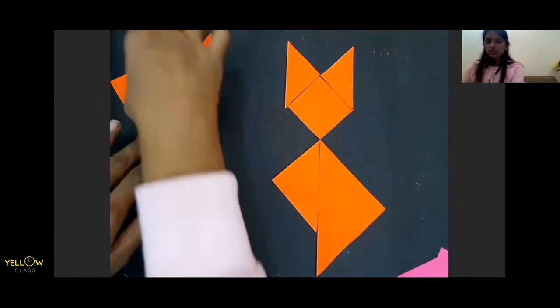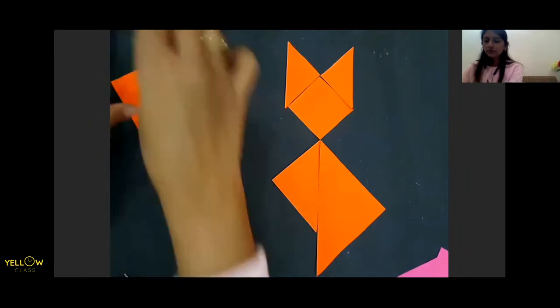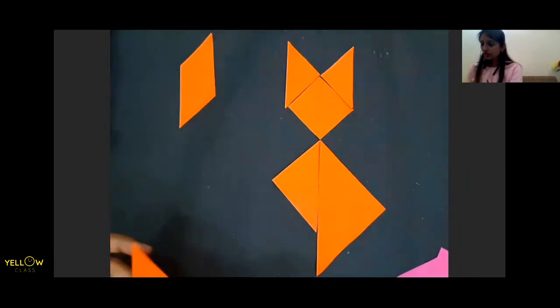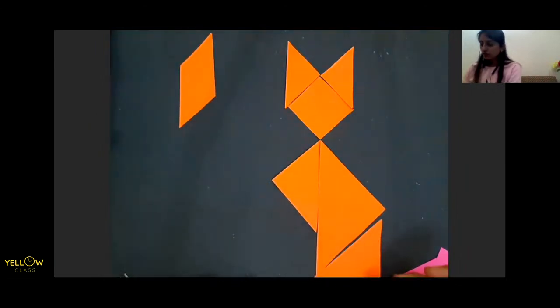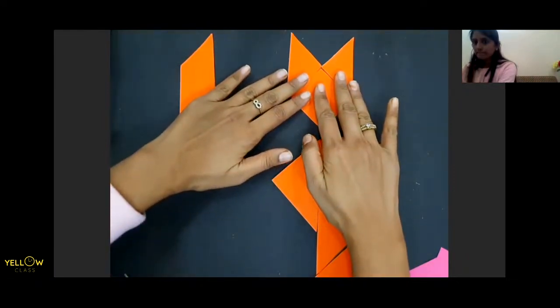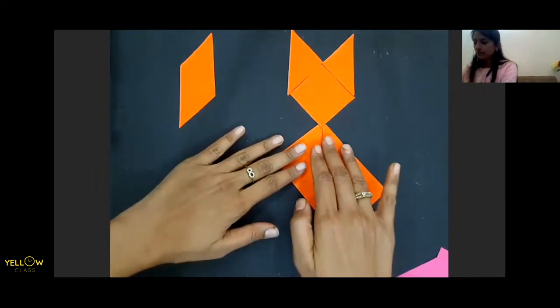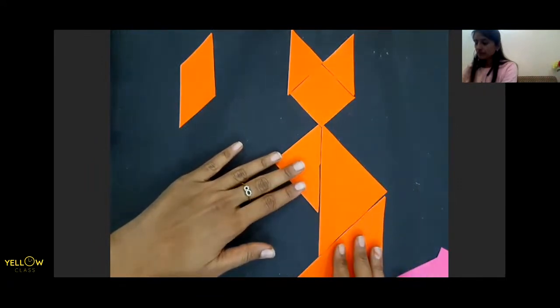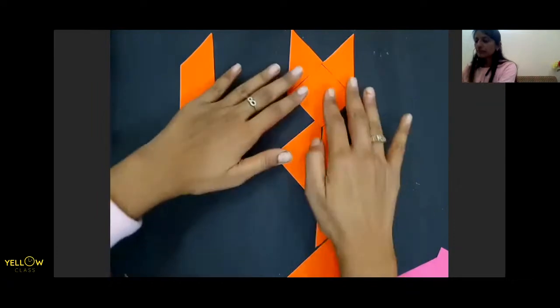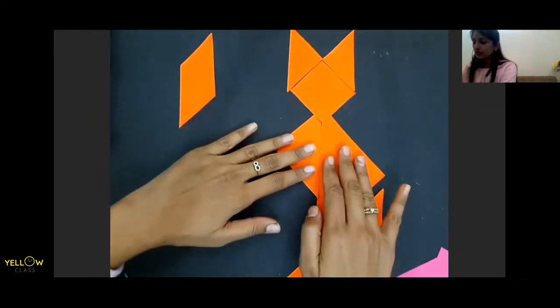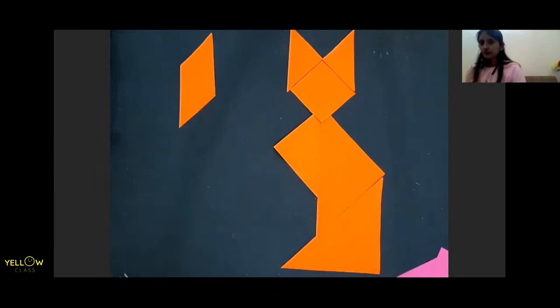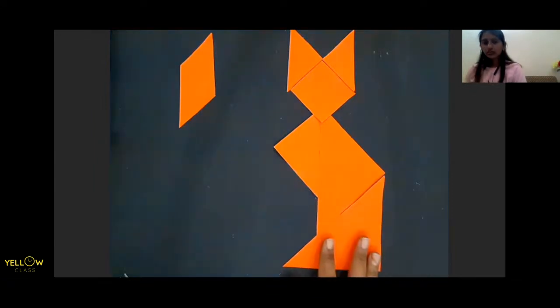Now take one bigger triangle, place it like this. Now take one more triangle, and this one you have to place like this, below this. Fine. Can you see?